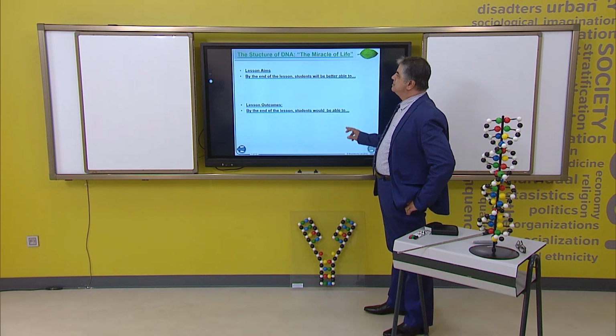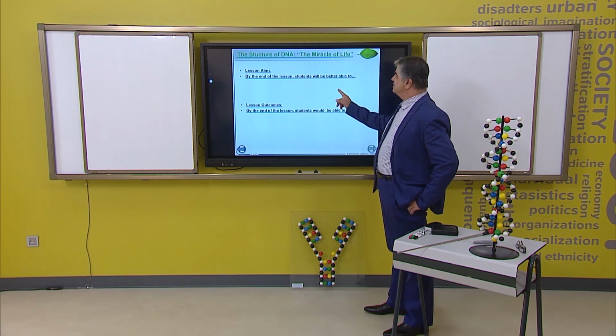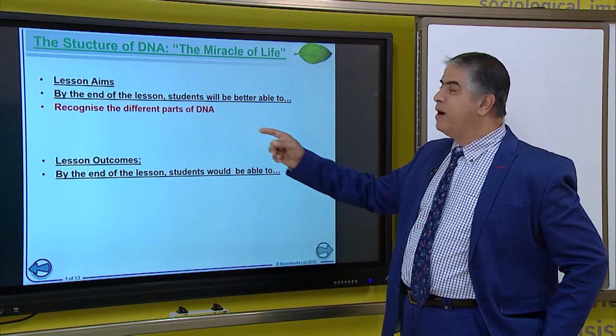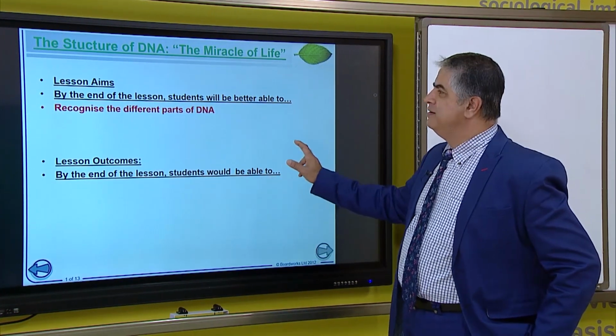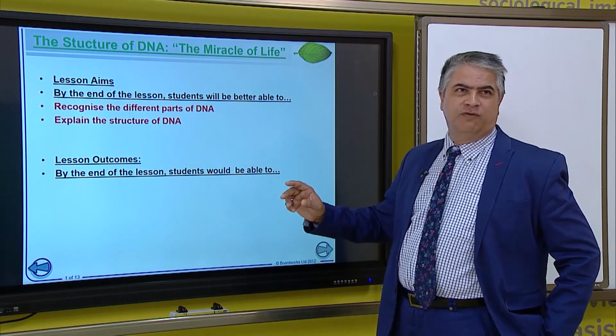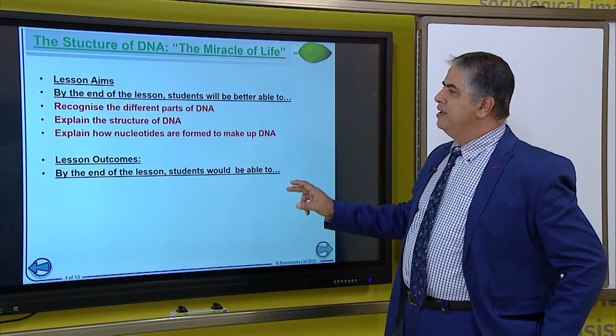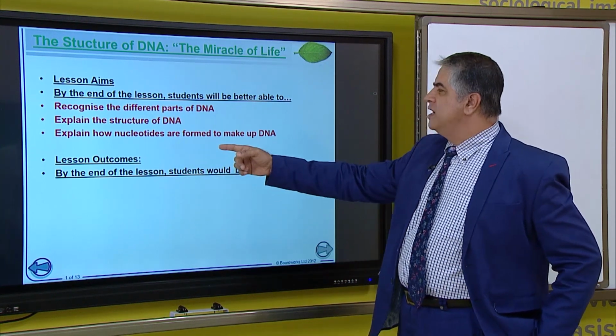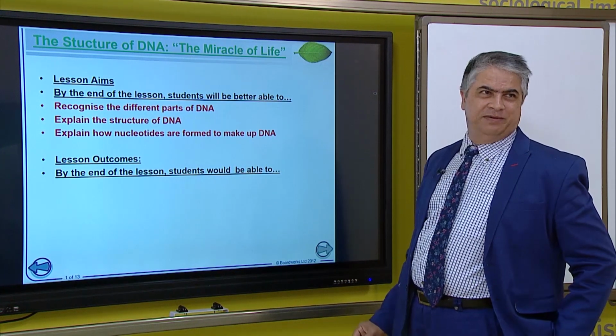The aim of this lesson: by the end of this lesson, a student will be able to recognize the different parts of the DNA. They will be able to explain the structure of DNA. They will be able to explain how nucleotides form and make up DNA.